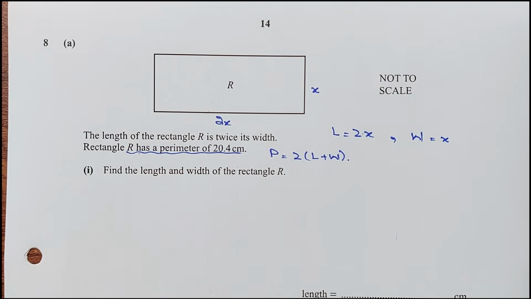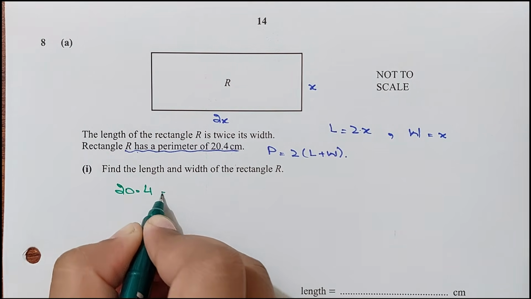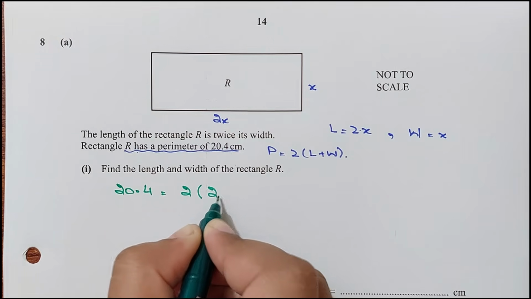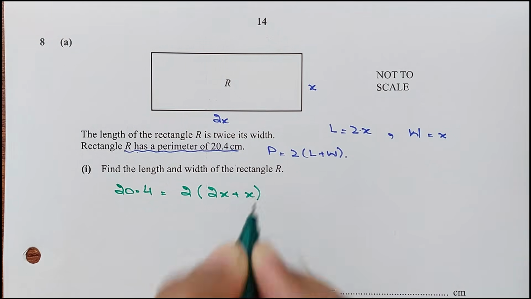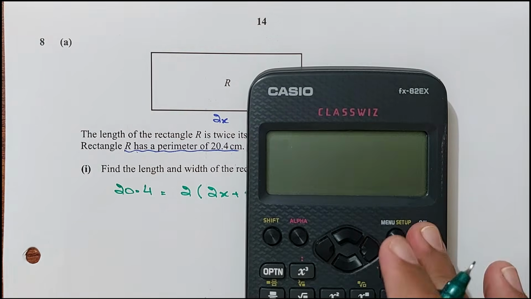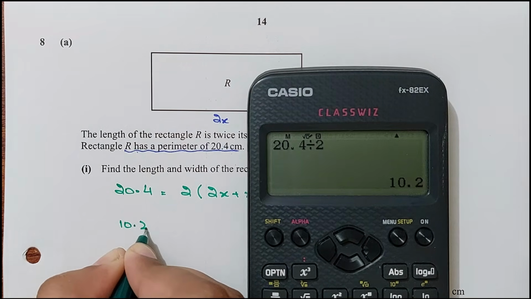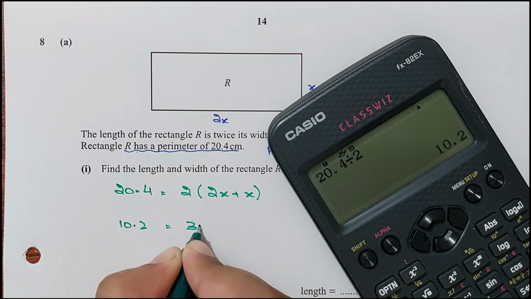Using the formula for perimeter, 20.4 equals 2 times the length, which is 2x, plus the width, which is x. Let me solve for x first. Dividing by 2, 20.4 divided by 2 is 10.2. This equals 3x.